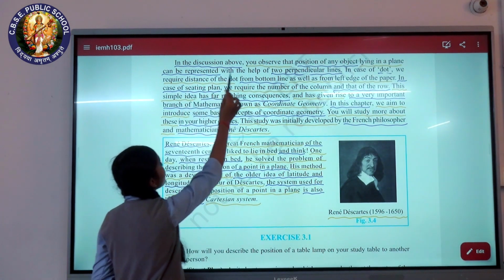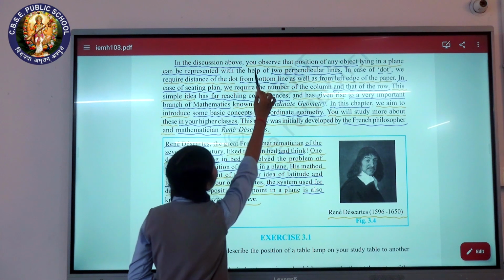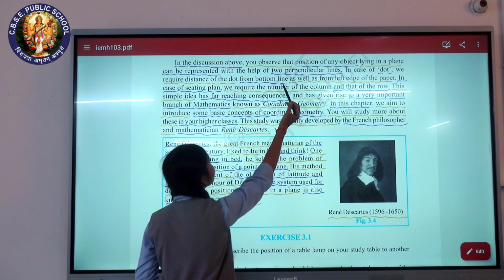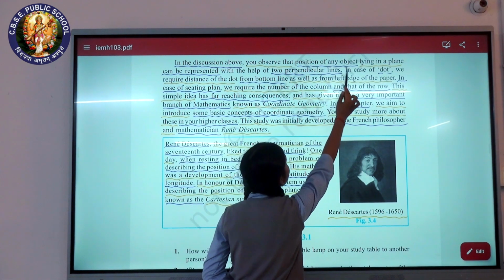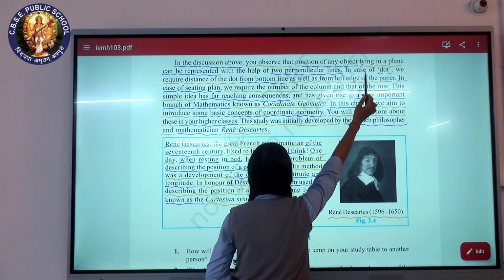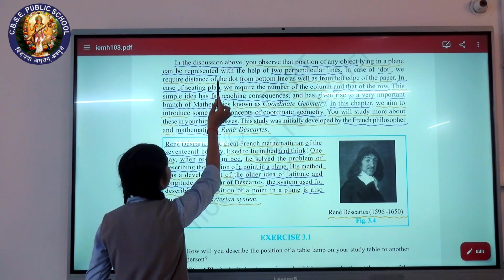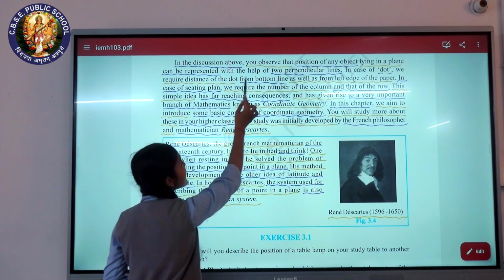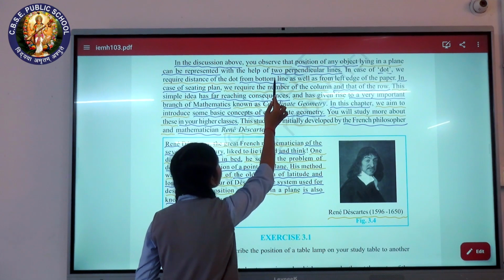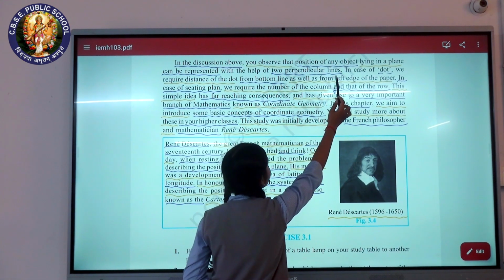In the discussion above, you observe that the position of any object lying in a plane can be represented with the help of two perpendicular lines.